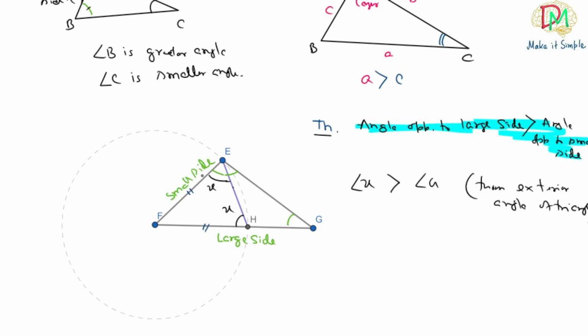And here, since this X is part of the total E, angle E is greater than angle X. So from these two we can say that angle E is greater than angle G.